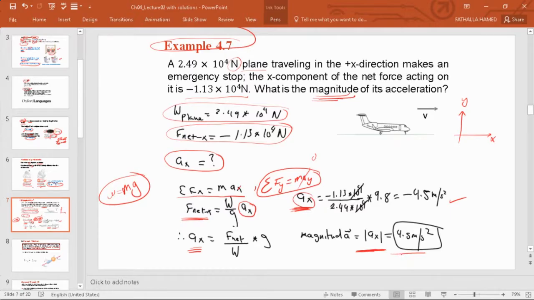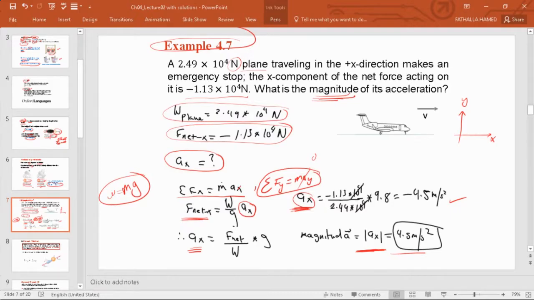When you take the absolute value of a one-component quantity, you don't take the square root. It will be the square root of ax squared, but if it's in 2 dimensions, then it's the square root of ax squared plus ay squared, and so on. But I told you the ay here is equal to 0 because there is no motion along the y.